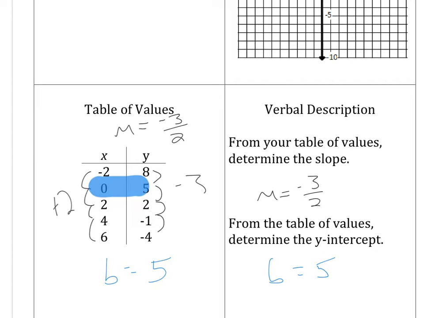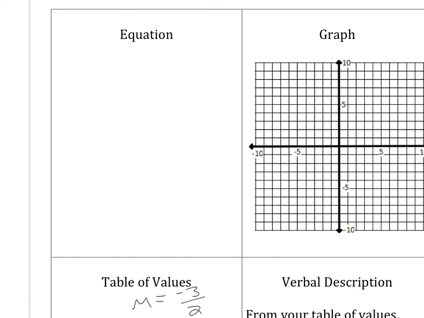Now I can write an equation from that. Y equals negative 3 over 2x plus 5. So that's what we'll fill in here. That's our equation. Now let's go to the graph.